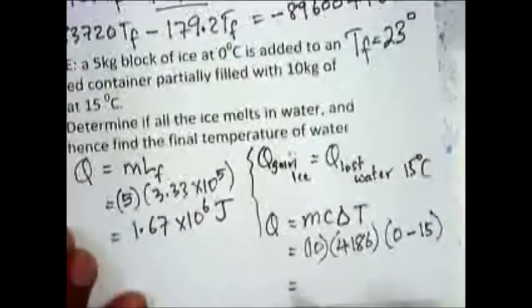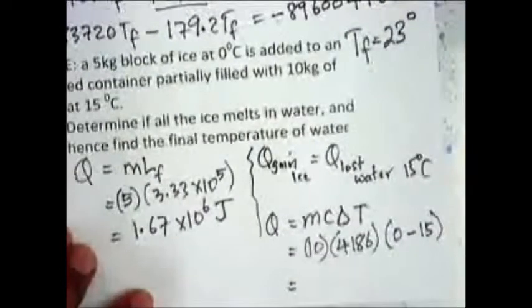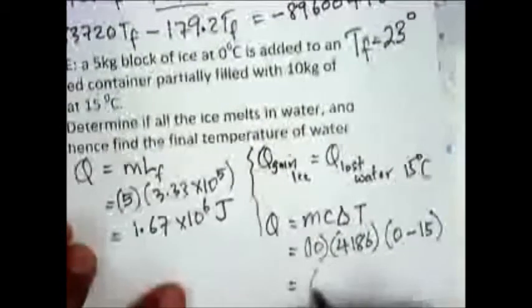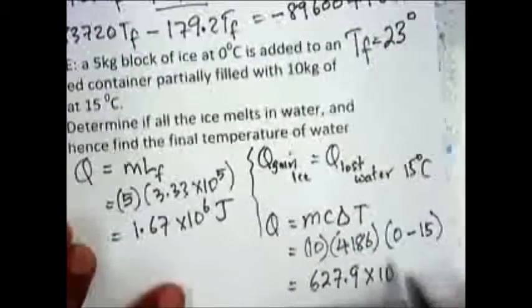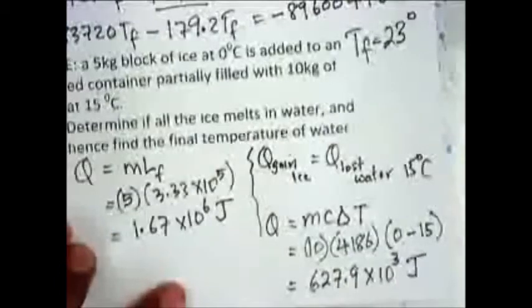So the value of your Q comes to 10 times 4186 multiplied by minus 15, which is about 627.9 times 10 to the power 3 joules.